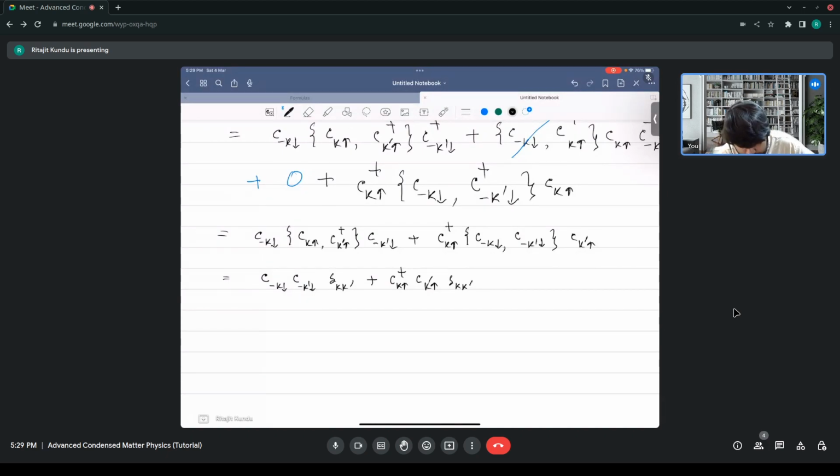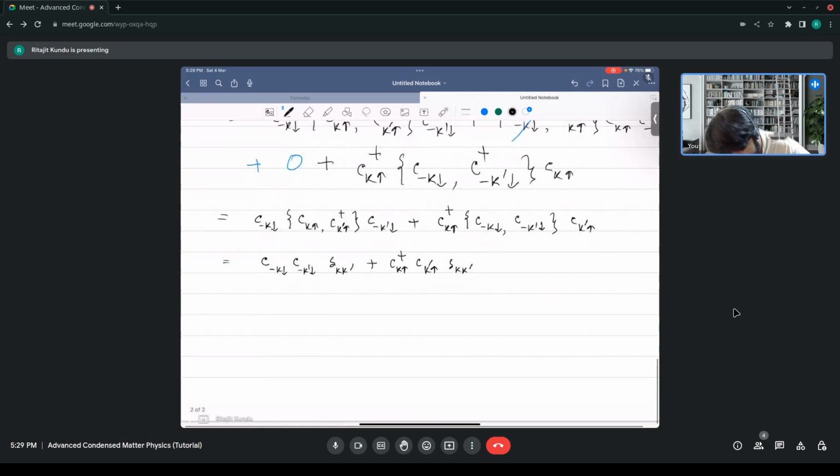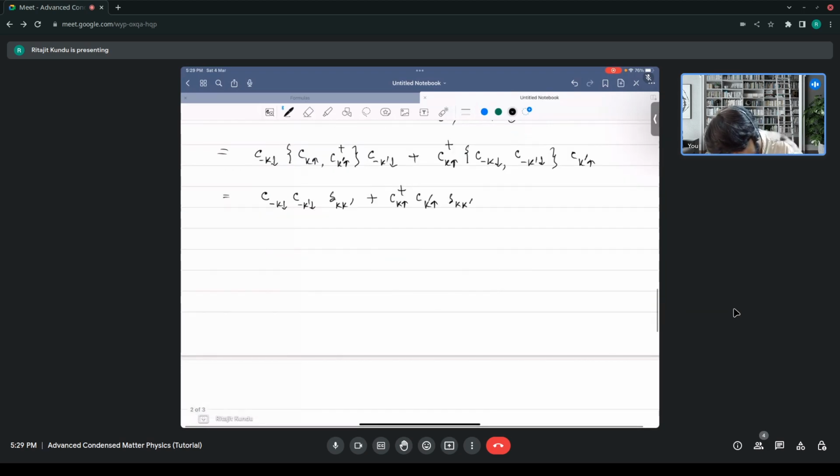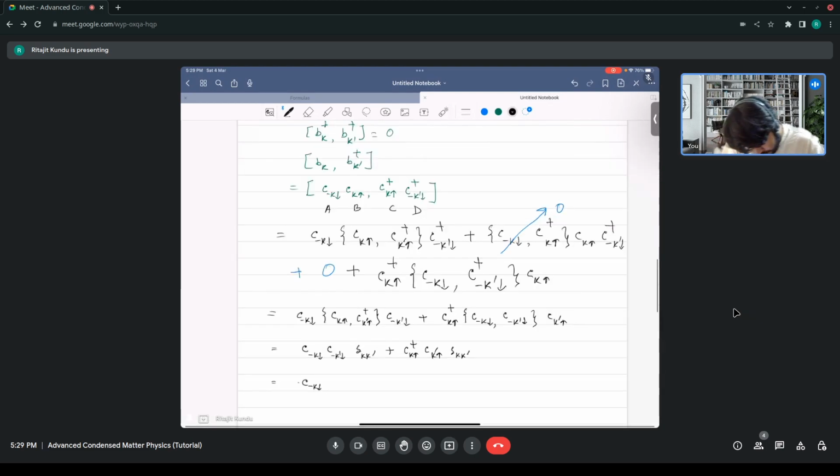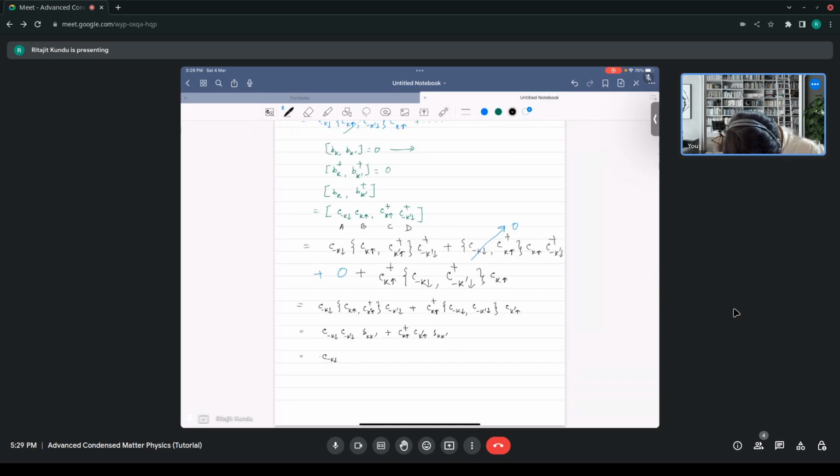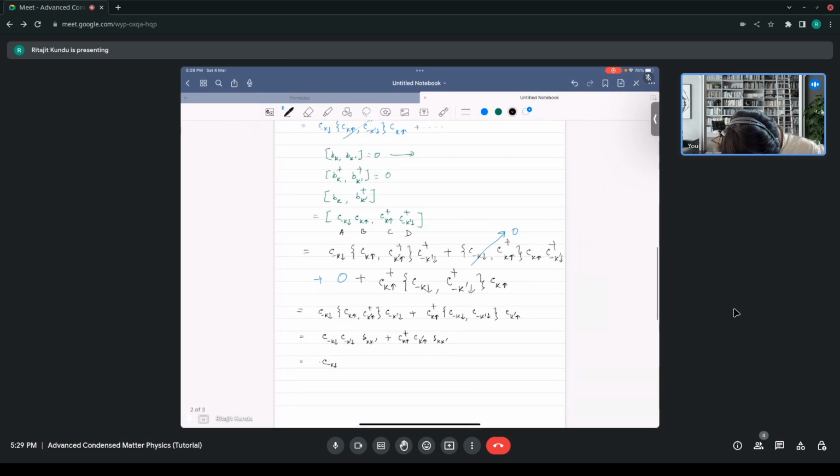Now you can use a trick whenever you have this kind of thing: when a delta is multiplied with some term, you can change between k and k prime. Whenever you have a Kronecker delta or Dirac delta, you can use this trick and write this term as c of minus k down. I think I'm probably making a lot of mistakes, so let me step back a little bit and figure out some things.